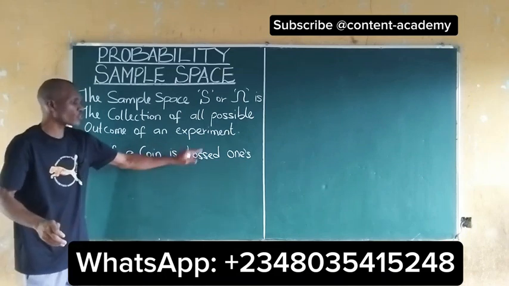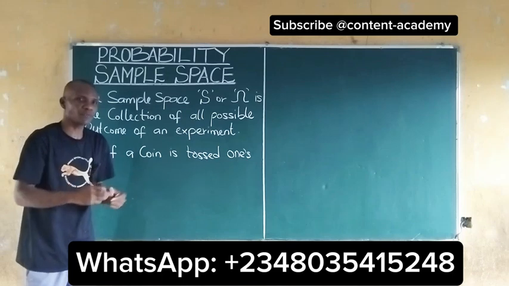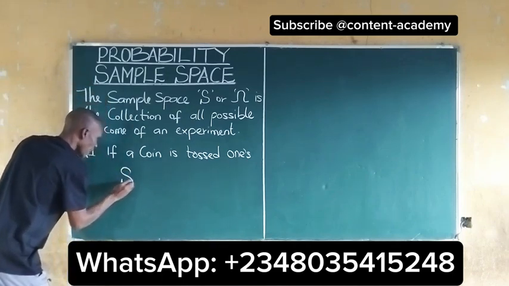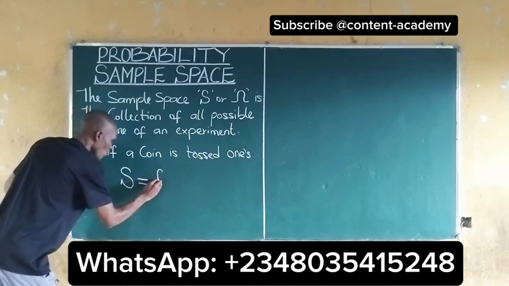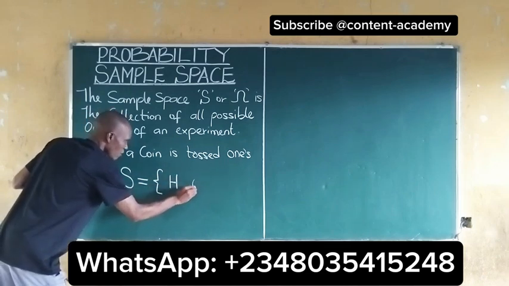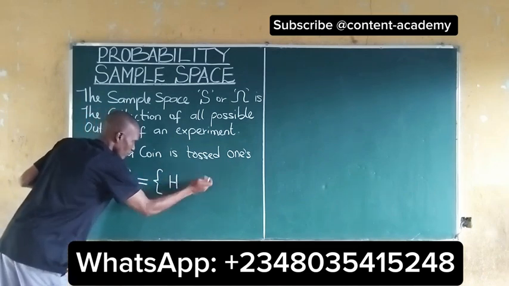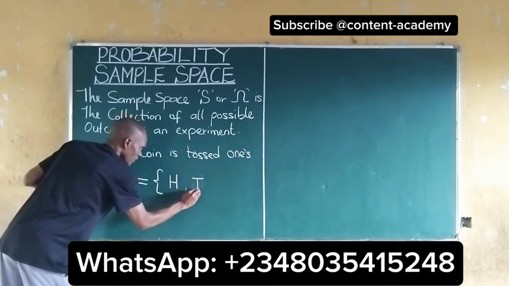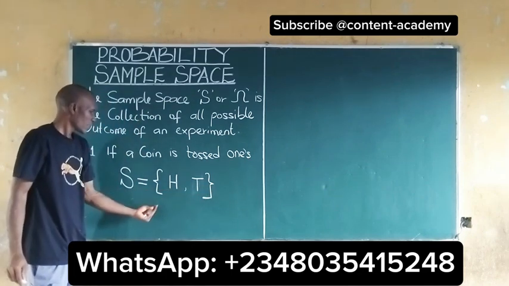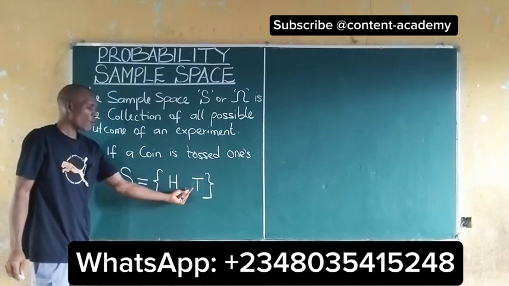If a coin is tossed once, what is the sample space? The sample space of a coin that is tossed once is either head or the tail. So if a coin is tossed once, we either get a head or a tail.